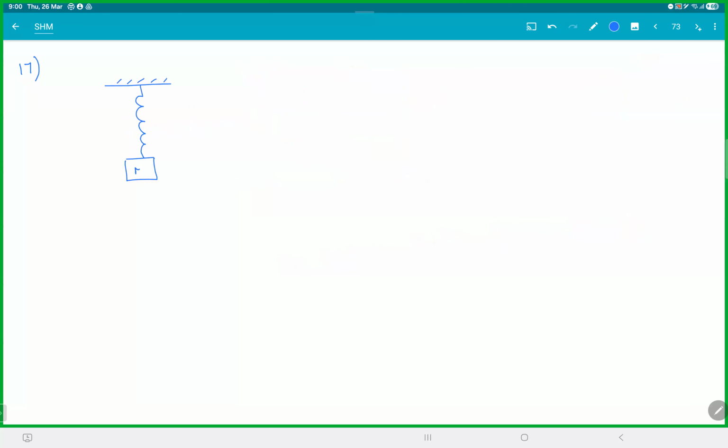We have a spring and a block. The system is in equilibrium. Then what you did, you took a block of mass 2m and you stuck it at the bottom, on the block, and released it.